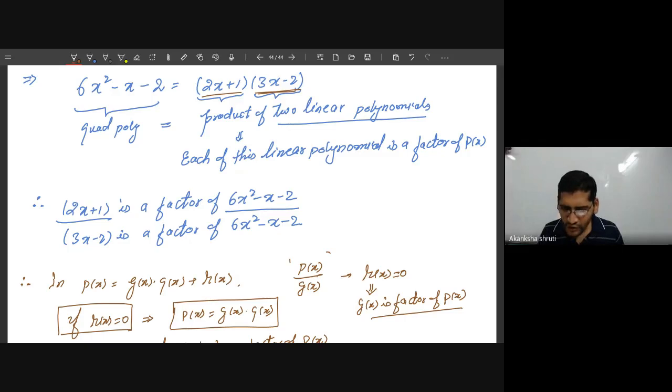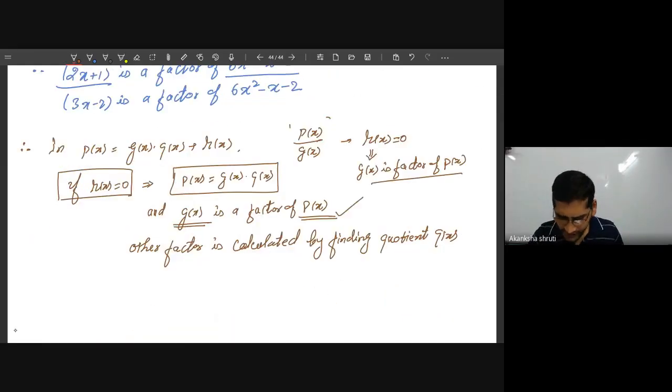So here we have concluded two things. One is whether the given g(x) is a factor or not, which can be concluded: if the remainder is 0, yes, it is a factor. What is the other factor? The other factor is calculated by calculating q(x). Okay, student, this way we can solve the question.